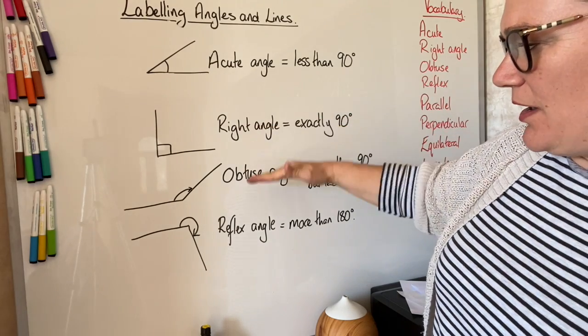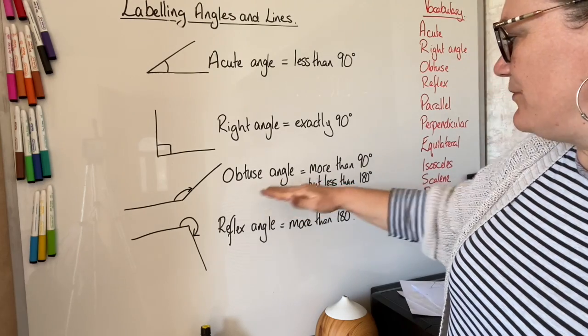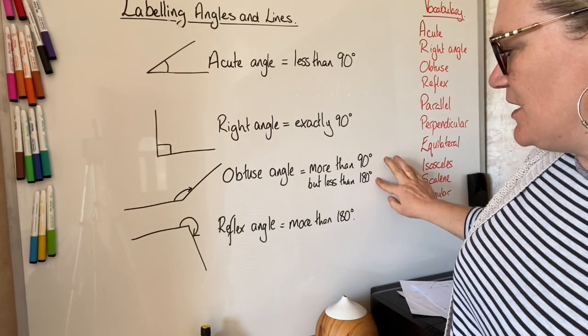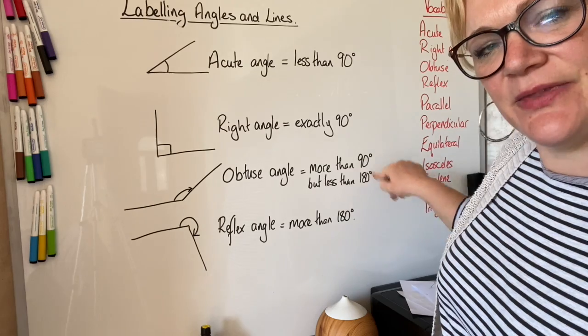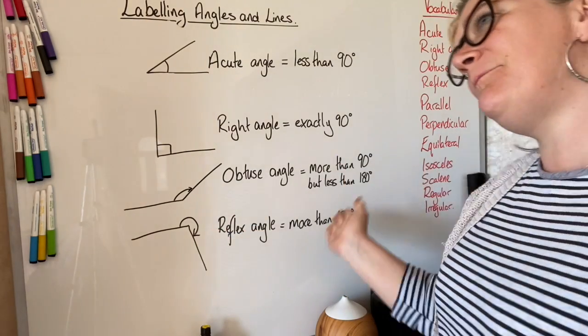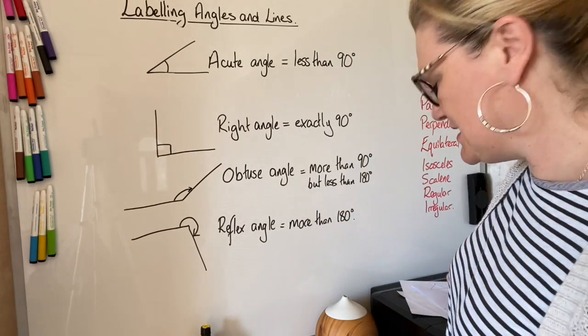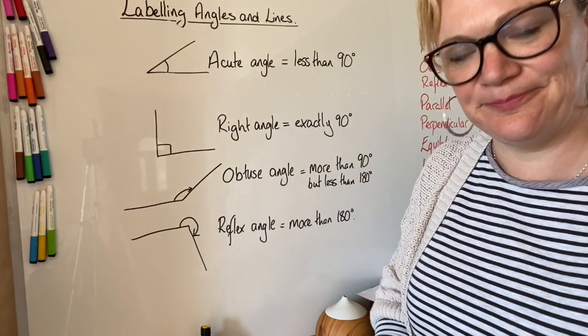Then bigger than that, but not quite a straight line, is an obtuse angle. That means it's more than 90 degrees, but less than 180 degrees. Then we have a straight line, which is exactly 180 degrees. And then bigger than that would be a reflex angle, which is more than 180 degrees.